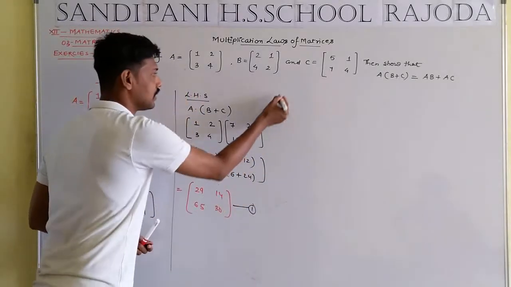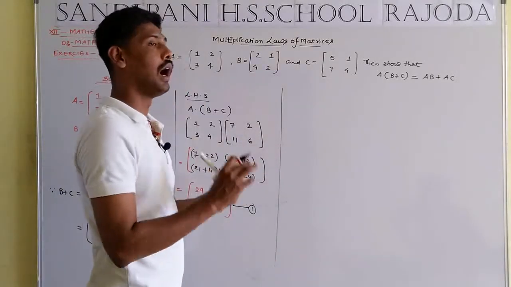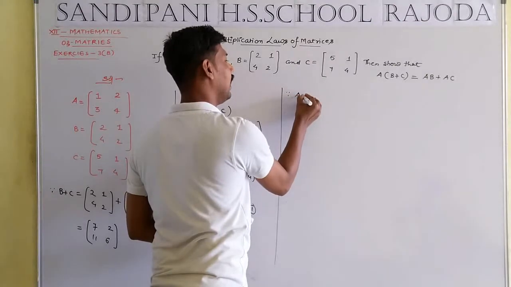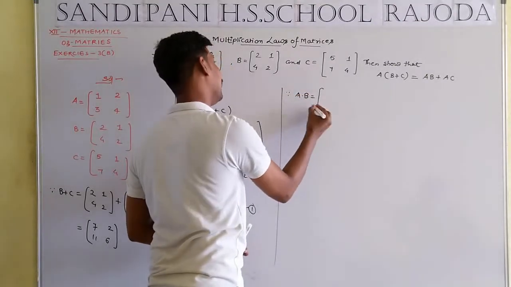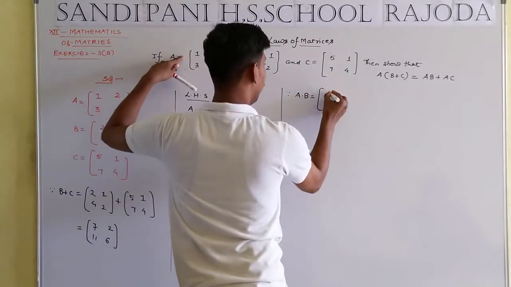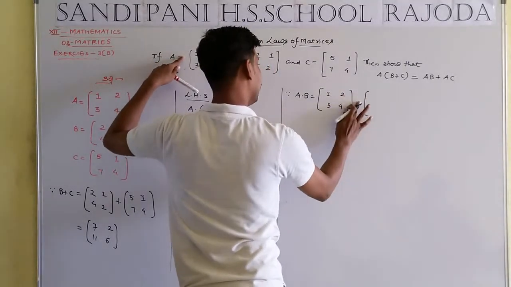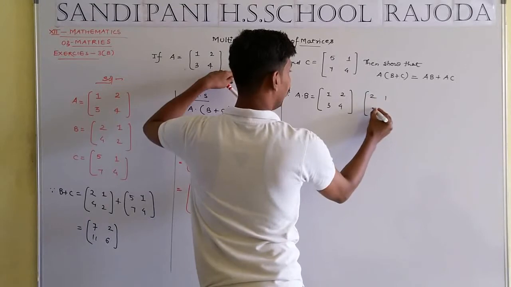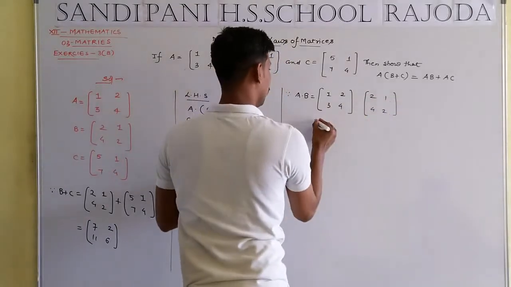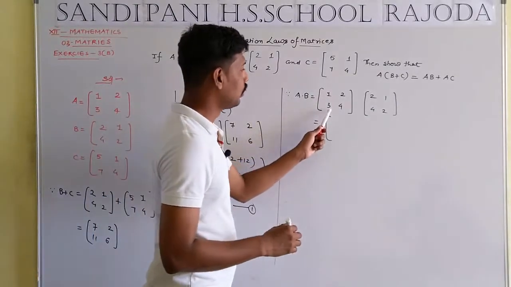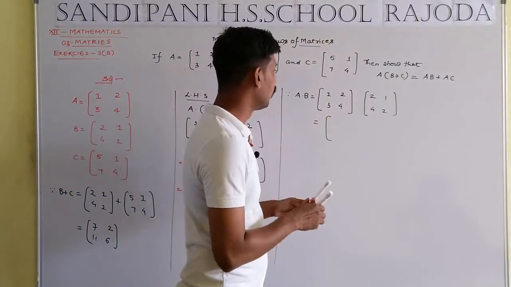Now for the RHS we have to find A dot B. What is the meaning of A dot B, student? A is [[1, 2], [3, 4]] and B is [[2, 1], [4, 2]].